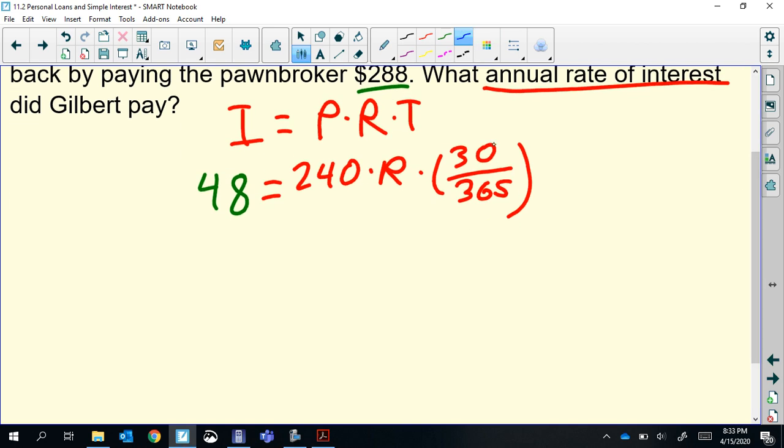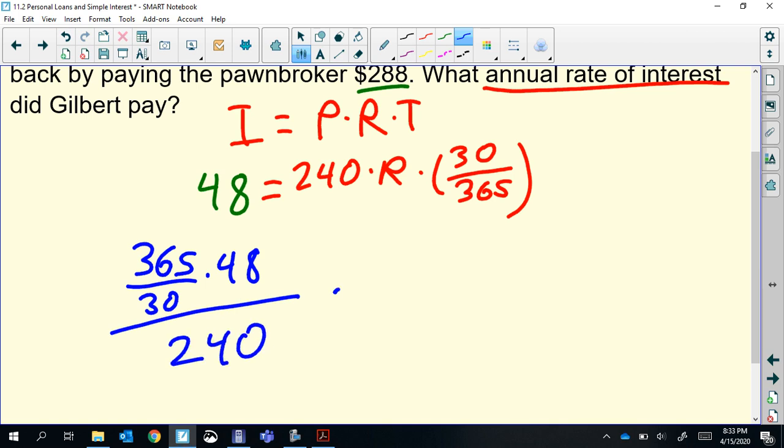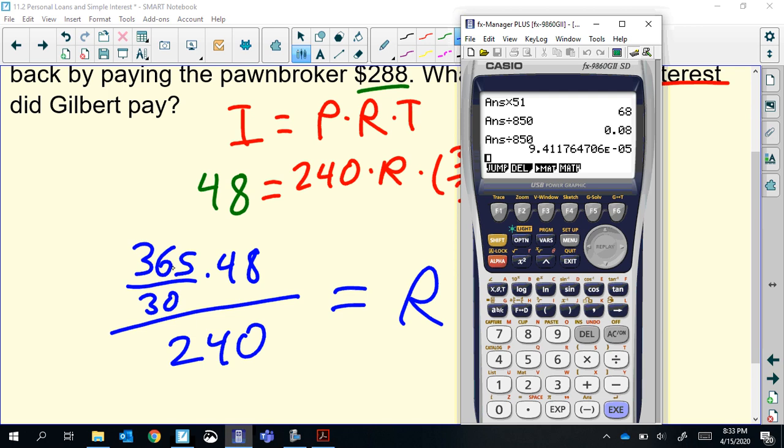We're going to multiply by the reciprocal times the 48 and then divide by 240. Make sure we only do it once this time so I don't get a weird answer again. So that's 365 over 30 times 48 and then divide by 240.